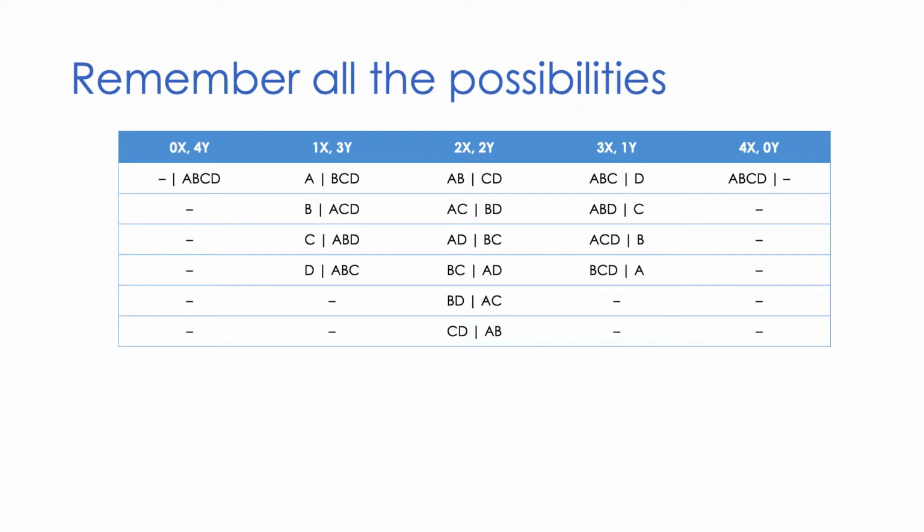Remember that the total number of possibilities was 16. These 5 columns in this table are the 5 possible macrostates, or observations, that we could have in our system.